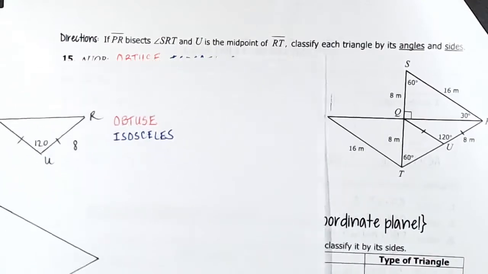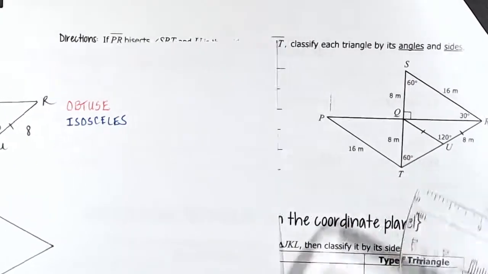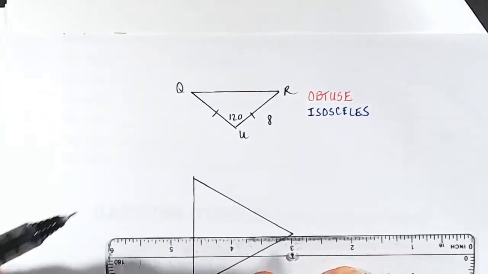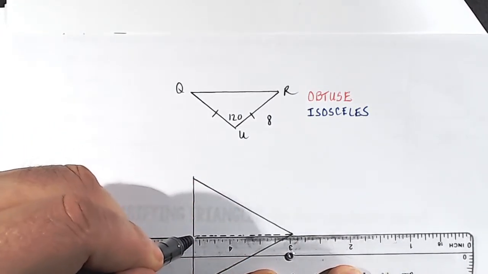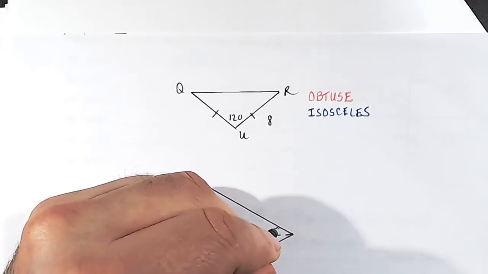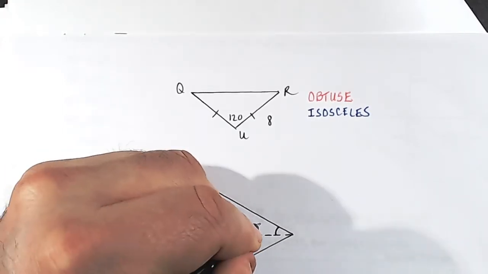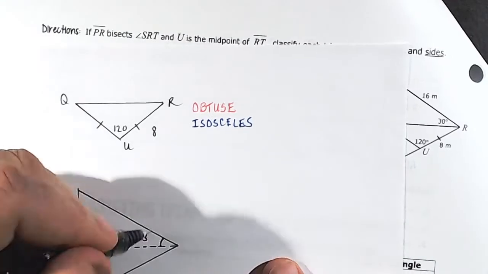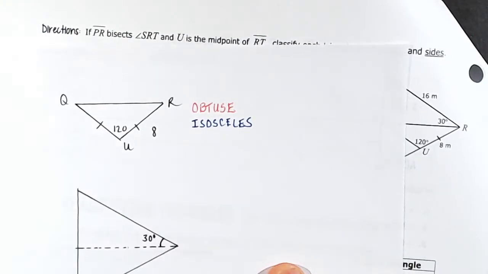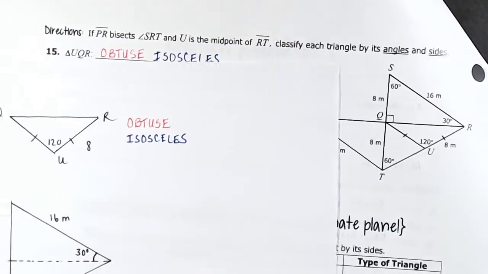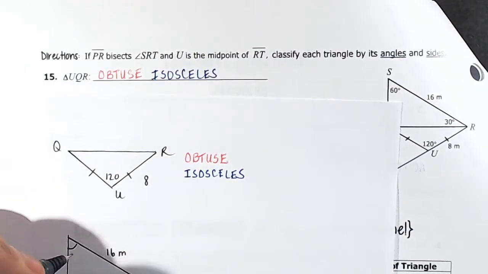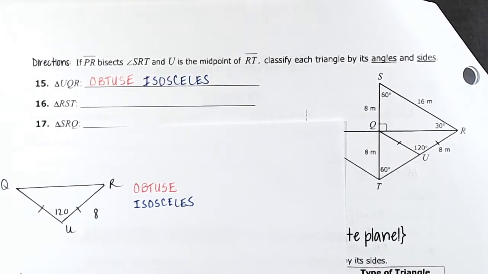Okay, and we're told that this line PR is bisecting it, so we're not so interested in this. This angle right here is given as 30 degrees. This side is given as 16 meters. This angle here is given as 60 degrees. And this side is given as 8 meters.